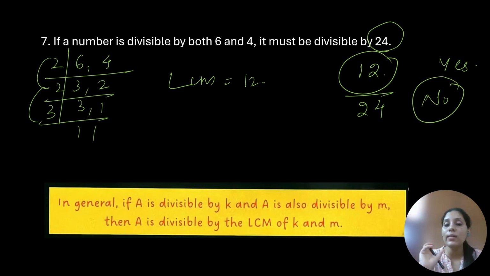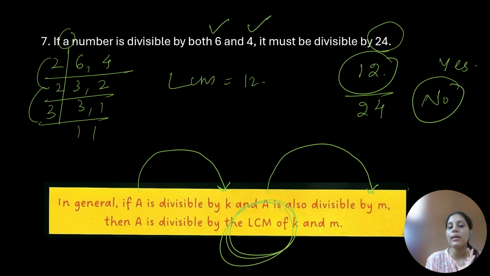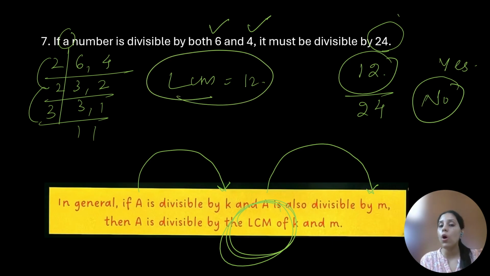So, what is the statement here? If A is divisible by K and A is divisible by M as well, so a number you're taking divisible by two numbers, then A will be divisible by the LCM. It will be divisible by the LCM and not by the product. So 6 into 4, here it is 24.